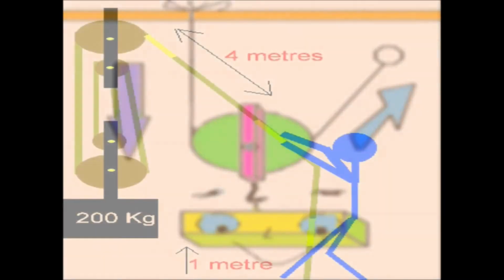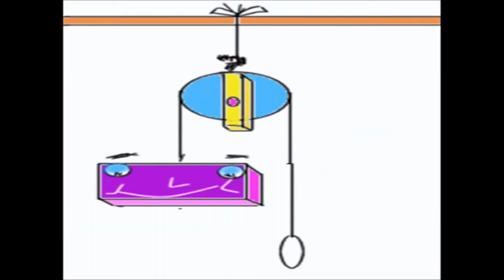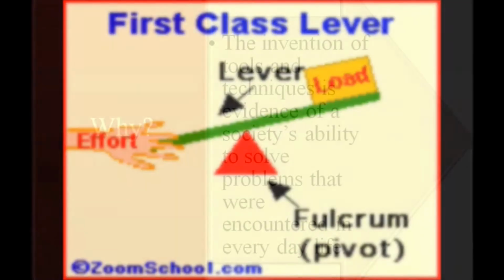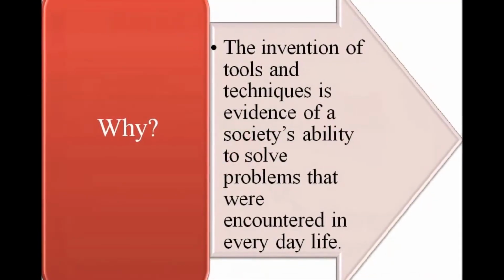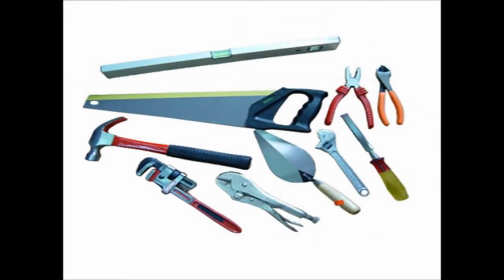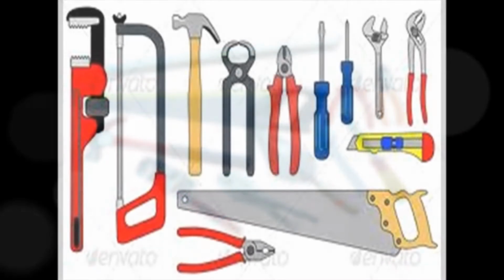Technological innovations affect and are affected by a society's cultural tradition. Why? The invention of tools and techniques is evidence of a society's ability to solve problems that were encountered in everyday life.